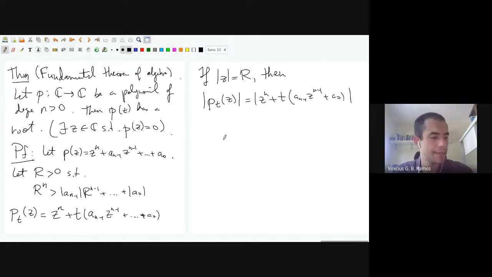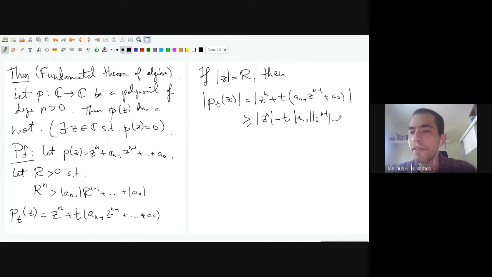And this is greater than or equal to the norm of z to the n, the absolute value of z to the n, minus t times the norm of a_{n-1}, norm of z to the n minus 1.